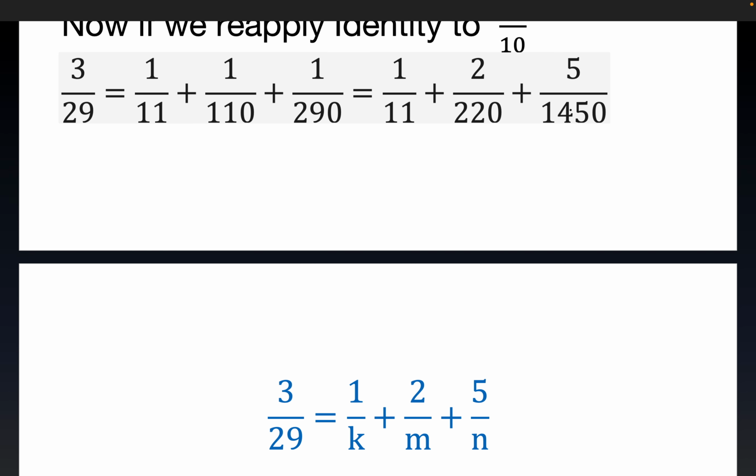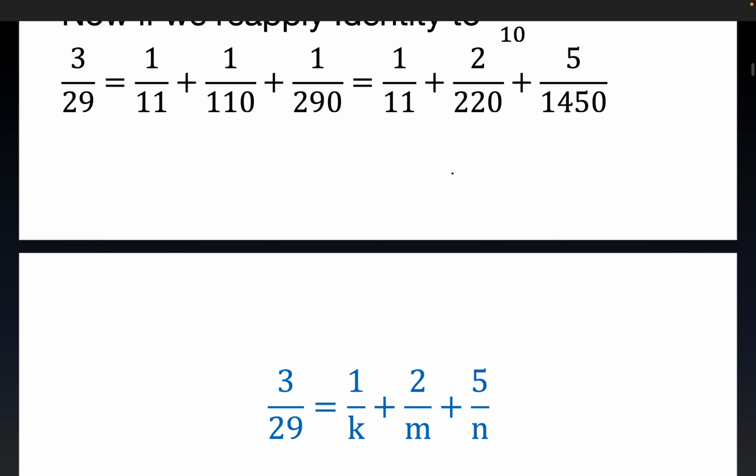And similarly right here, 5 times 290 is 1450, right? So you see we get the 2 and the 5 out of this by just doing some very basic arithmetic here. You multiply top and bottom by 2, top and bottom by 5, and you get what you're looking for.